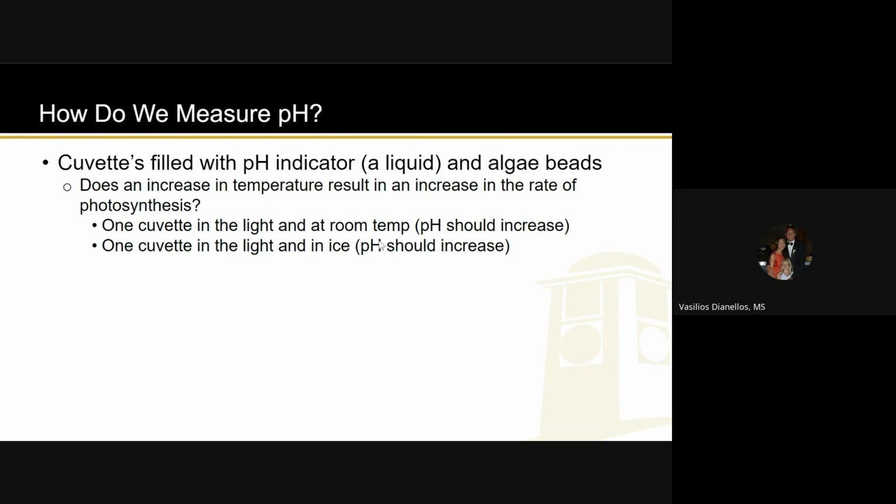Because if they have the same change in pH, then we can say temperature does not have an effect. But if one increased in pH more than the other or quicker than the other, then we can say yes, temperature did affect the rate of photosynthesis.